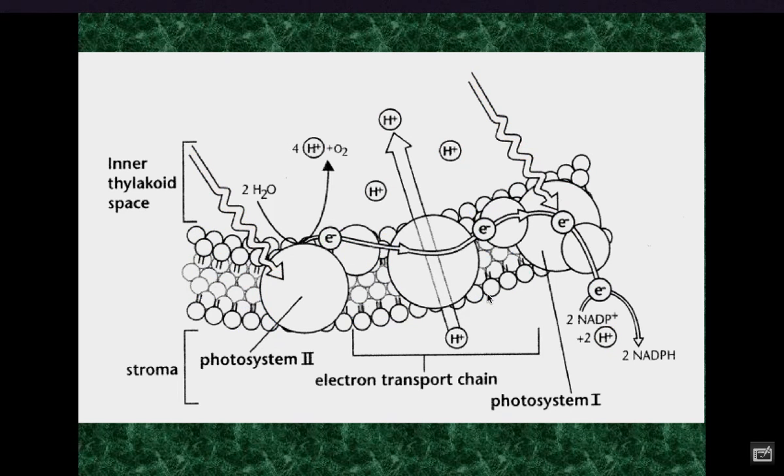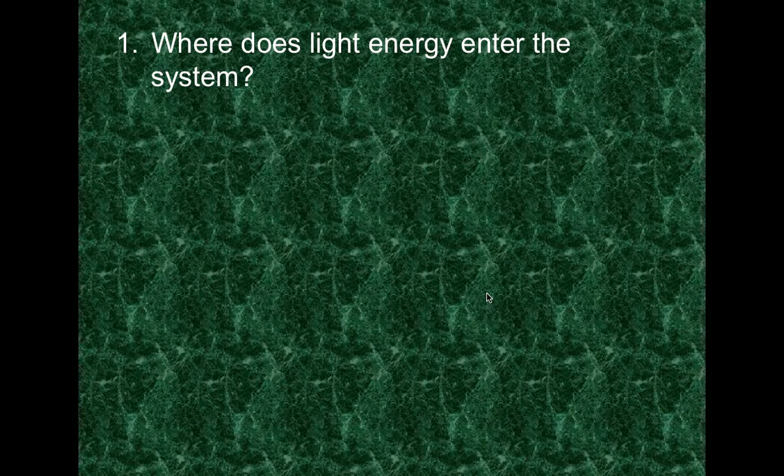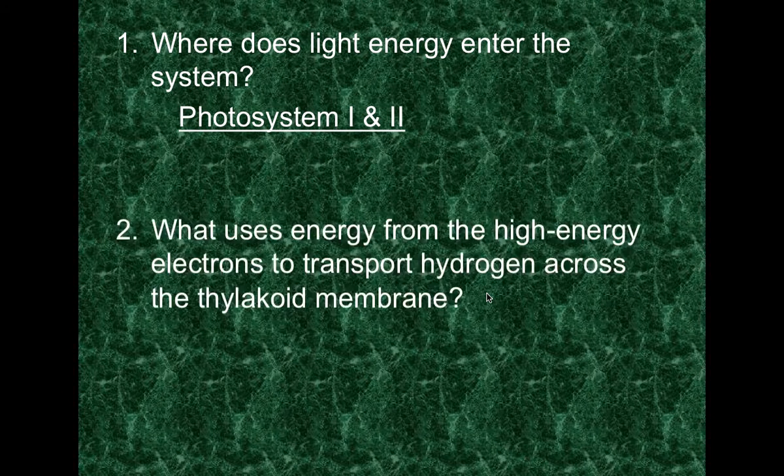All right, so the questions. Where does light energy enter the system? Well, if you look back, you see those arrows are coming in at photosystem 1 and photosystem 2. So you'll see those arrows are coming in where they have those labeled.